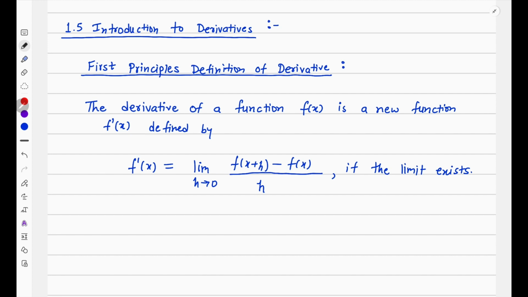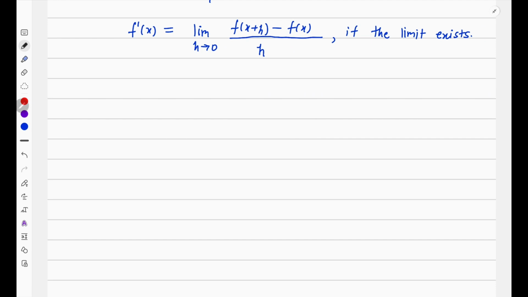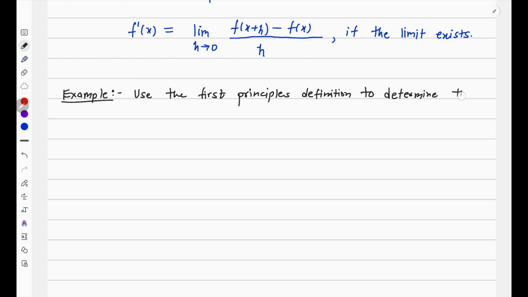Now we are doing one example using the first principle. The example: use the first principle definition to determine the derivative of f(x) equal to x square.